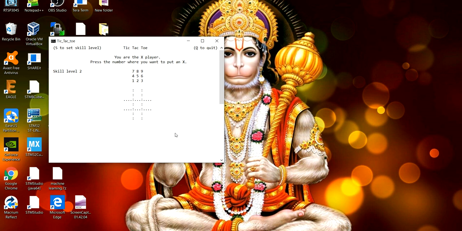Suppose I want to place X on number 6, it will place on number 6 and the computer is playing on number 5. Now I'm placing on number 9, and now on number 7, then I have to place on number 2, and then 4 is left.